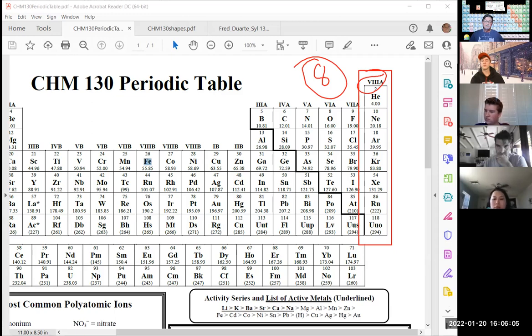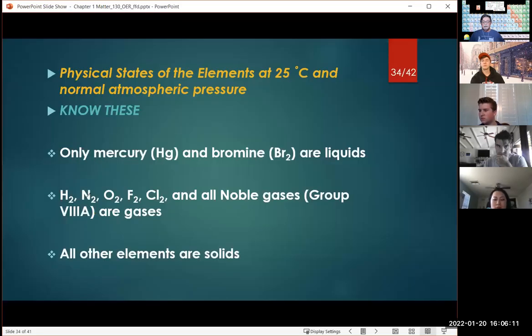plus 7, 8, 9, 10, 11, 12. Plus these 12. So we have 12 elements that are gases, and everybody else is a solid.